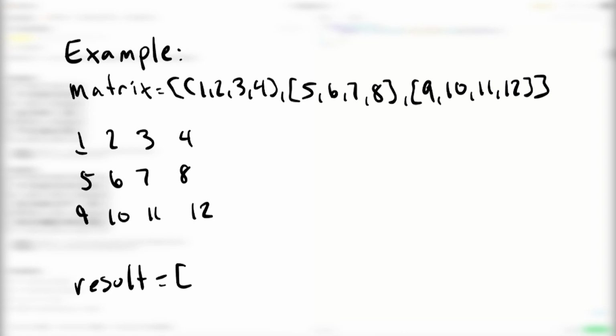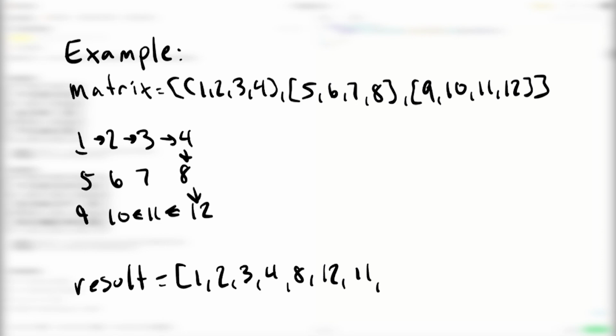So we'll start out at 1 again, go over to 2, over to 3, then over to 4, then down to 8, down to 12. Then we go over to 11, over to 10, over to 9. Now we can't go anymore, so we go up to 5. Can't go up, so we go to 6, we go to 7. Then we've already done 8, so we're finished. So now it would be 1, 2, 3, 4, 8, 12, 11, 10, 9, 5, 6, 7. So that will be how that one works.